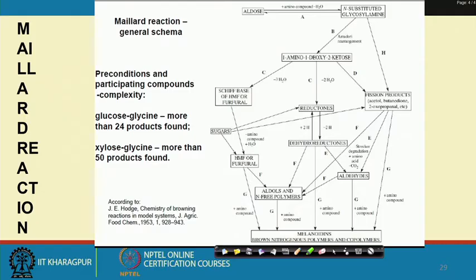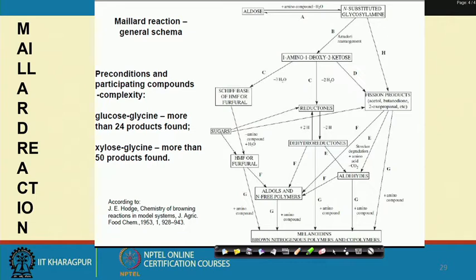You have seen that mothers and grandmothers put some sugar in daily food preparation. That is not for making it sweet, but a kind of caramelization happens, and that improves the flavor as well as the color.